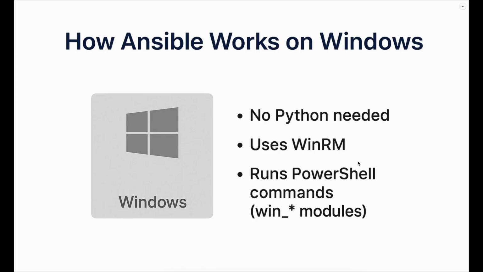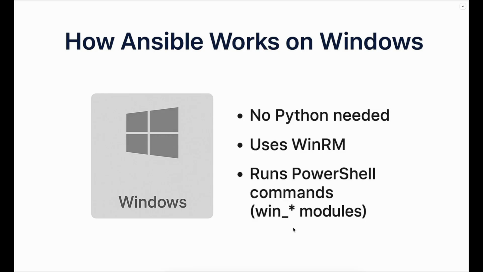Windows modules usually start with win underscore. For example, win_copy to copy files, win_service to start or stop services, win_user to create users. So, whether you work with Linux, Windows, or a mix of both, Ansible can handle everything in a consistent way.